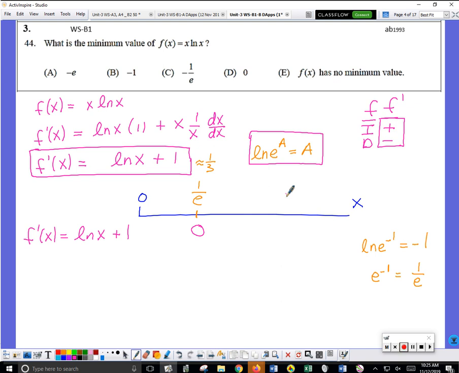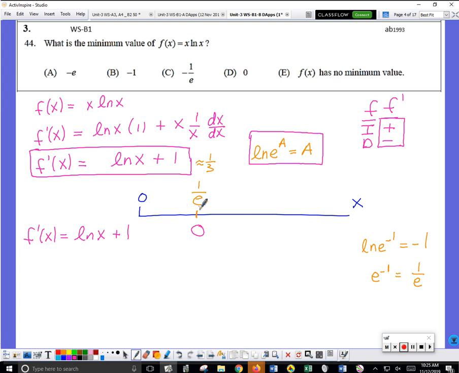Okay, back to Elena's comment. Once I know that for x equal 1 over e, this will equal 0, the chart becomes really quick because I can just test. I need to find a value over here that I can plug into this formula. The only values you can do in your head with natural log are values related to e.